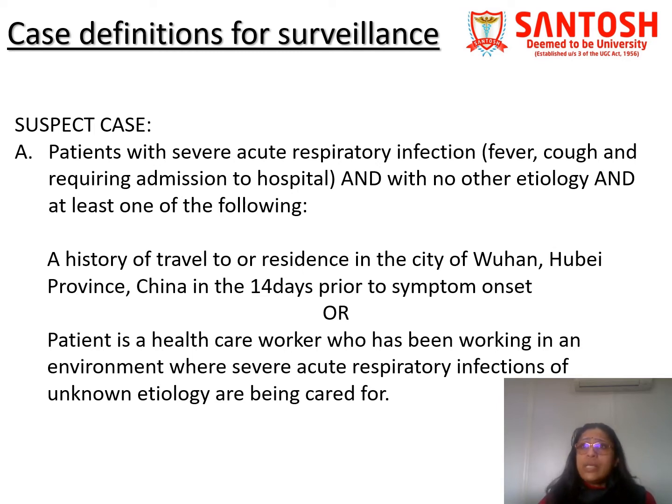So, who is a suspect case? A suspect case is one who is suffering from severe acute respiratory infection for which no other etiology has been found, along with either a history of travel or residence in an outbreak related area, or a healthcare worker who is working in a facility which is caring for COVID-19 patients. So that case is a suspect case.